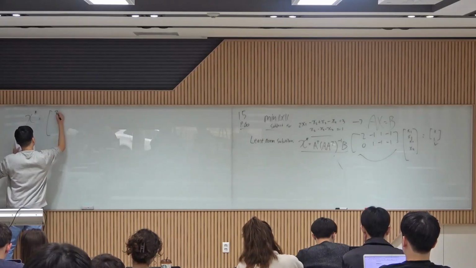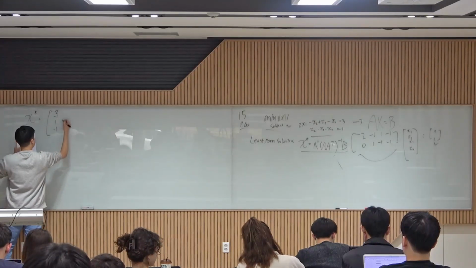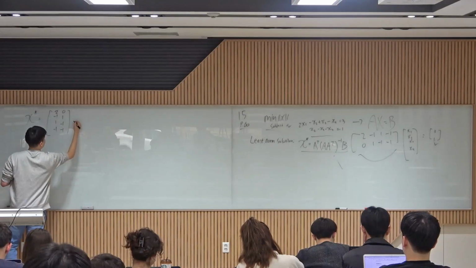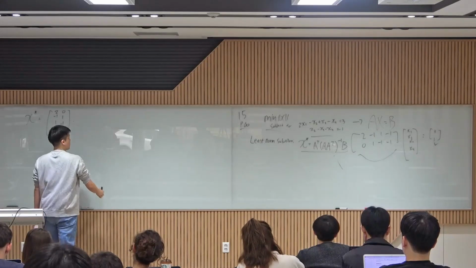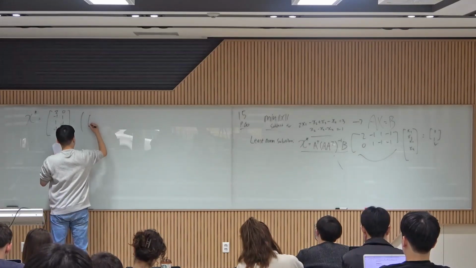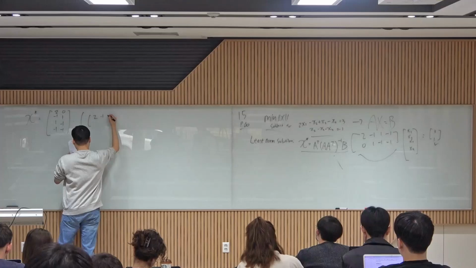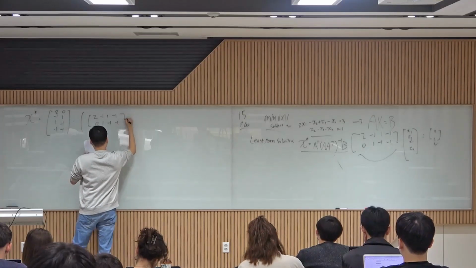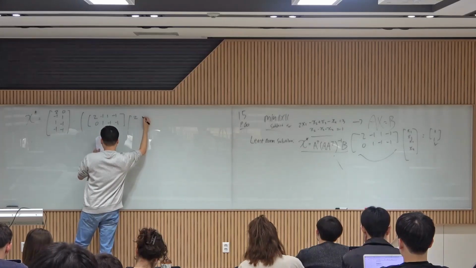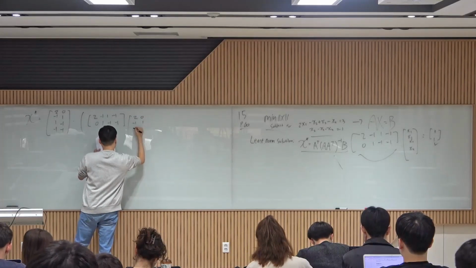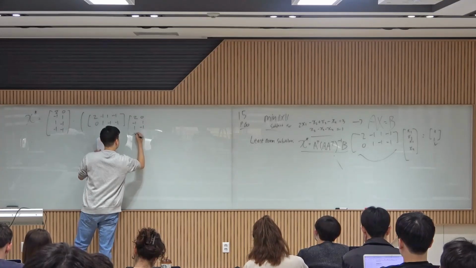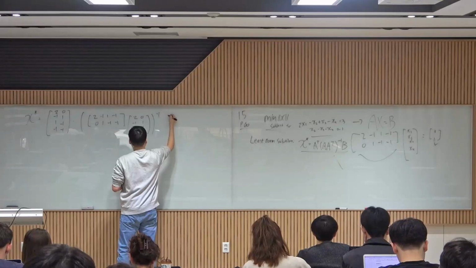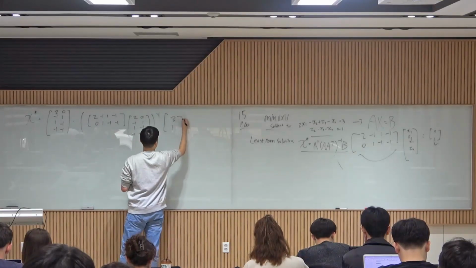Then we can write 2, -1, 1, -1, 0, 1, -1, -1, times A times A transpose, inverse, times 3, 1.